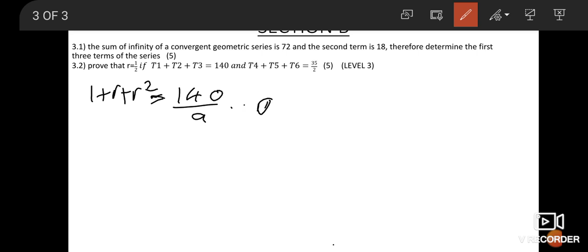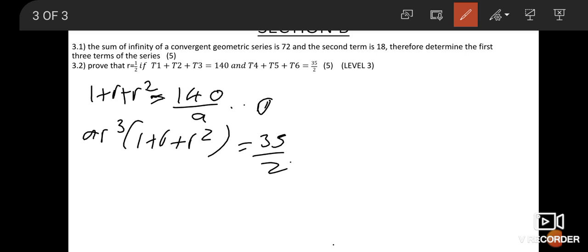Then the second one was ar cubed times (1 plus r plus r squared) equals 35 over 2, and that's equation 2. So sub equation 1 into equation 2.